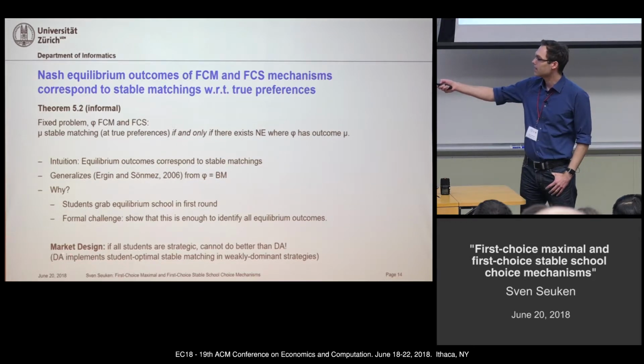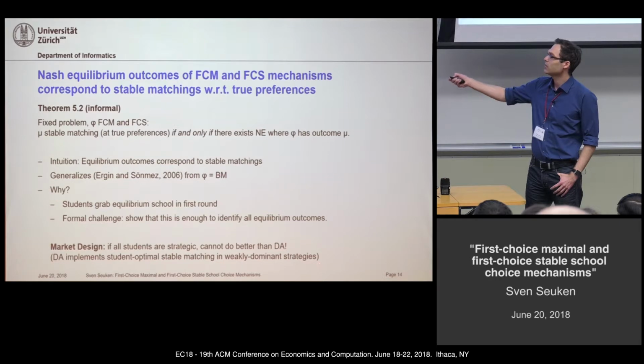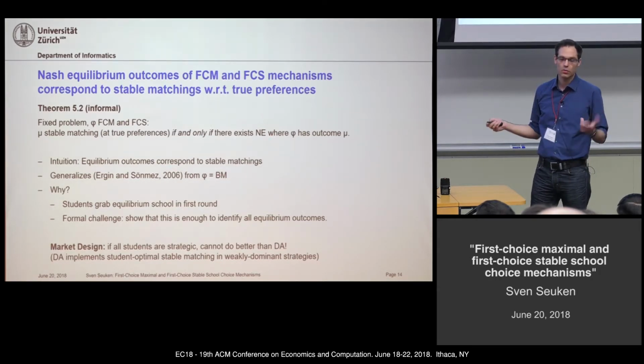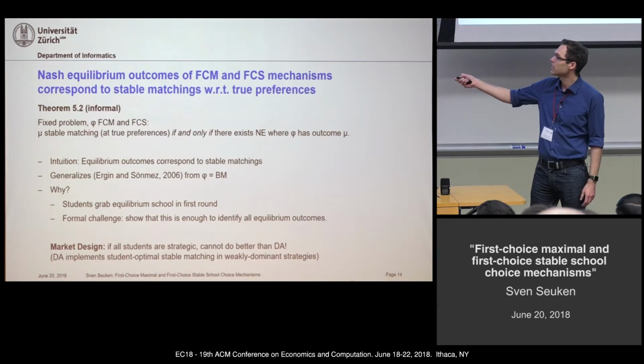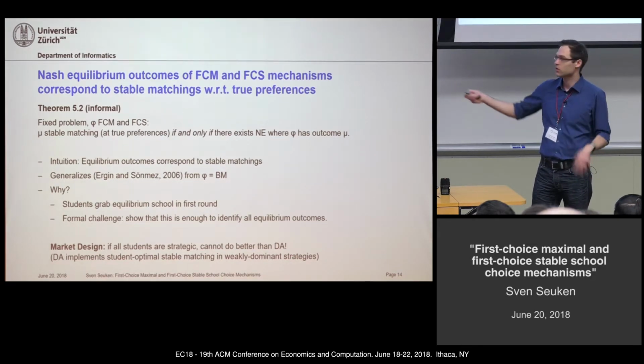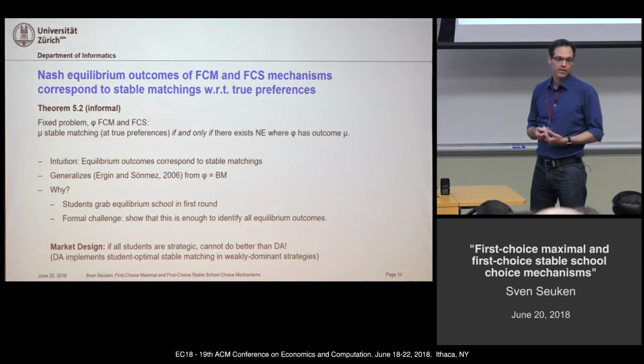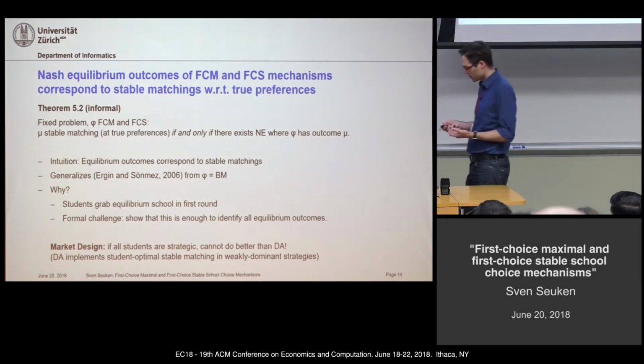Well, deferred acceptance implements the student optimal stable matchings in weakly dominant strategies. Here we have a weaker solution concept, just Nash equilibrium, not weakly dominant strategies. And we implement all possible stable matchings, not just the student optimal stable matching. So actually DA would dominate FCM mechanisms in two dimensions.